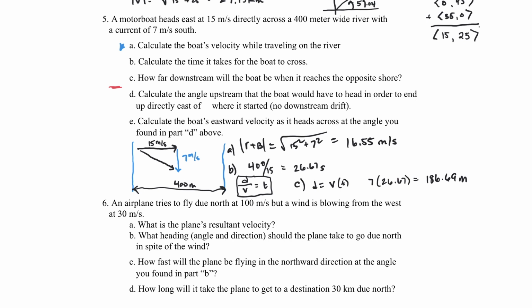So take a few minutes. I'm going to post this worksheet on Canvas just above the video. The airplane question is a lot like the boat question. Instead of a boat in water, you're talking about a plane in wind, adjusting that plane's speed. Take a minute, go back over these and try number 6, and we'll talk about them tomorrow.